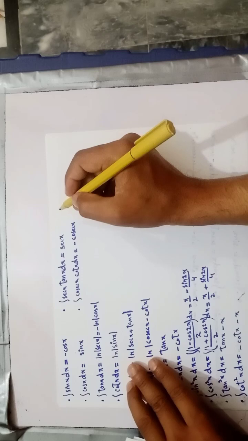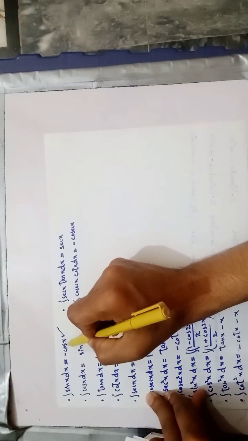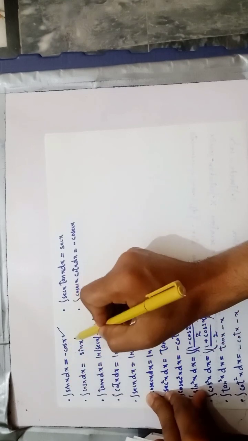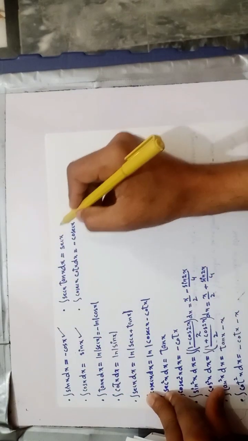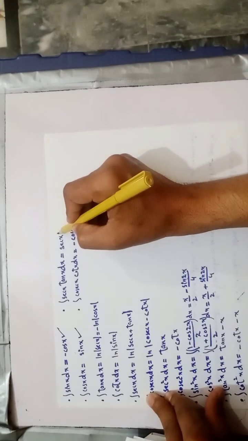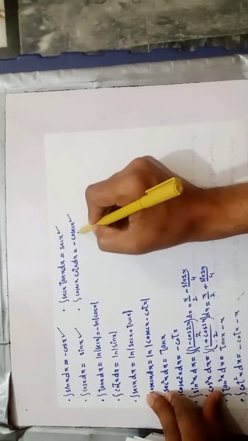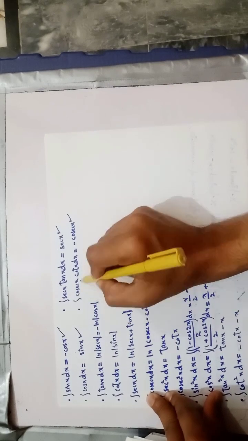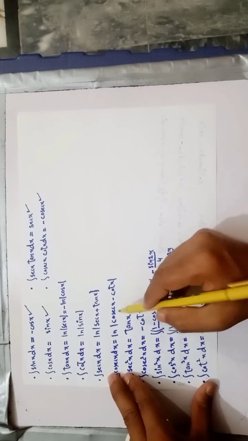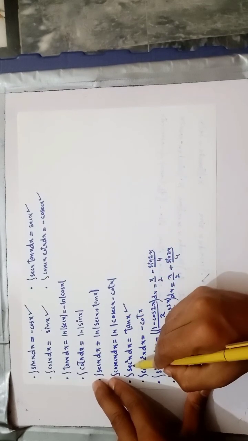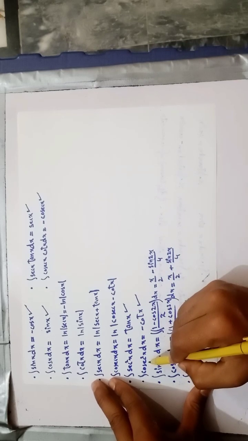Do you remember that in derivatives we did these formulas: derivative of cos x is equal to minus sin x, and derivative of sin x is equal to cos x. After that we found the derivative of secant x is equal to secant x tan x. Derivative of cosecant x is equal to minus cosecant x cot x. And also the derivative of tan x is equal to secant square x, and derivative of cot x is equal to minus cosecant square x.